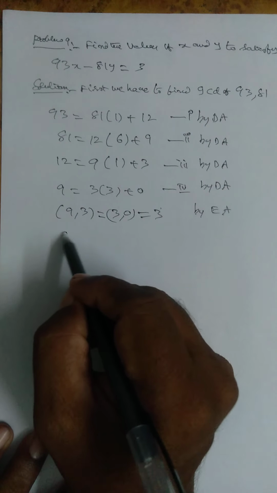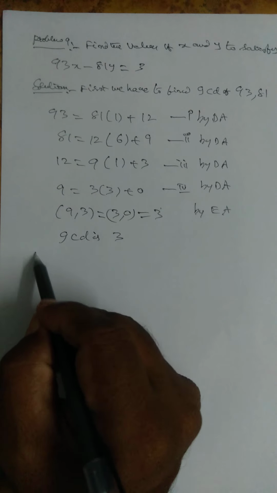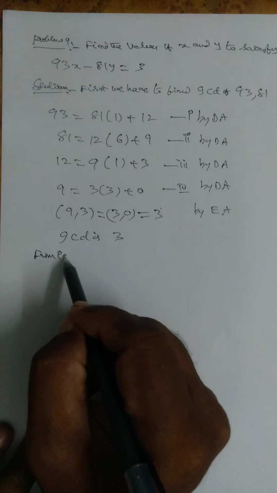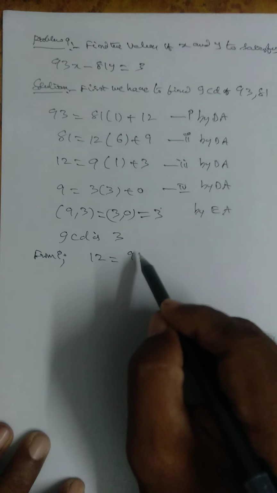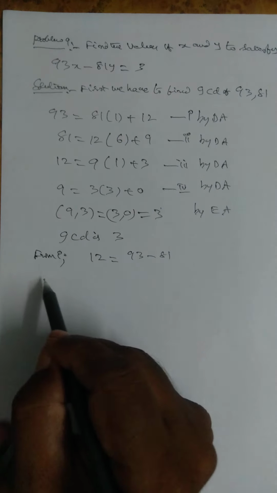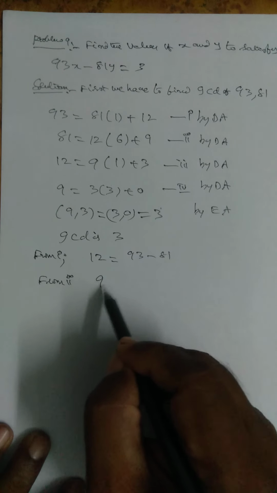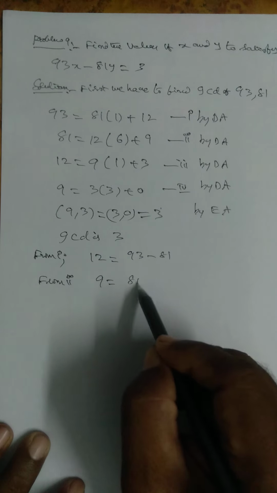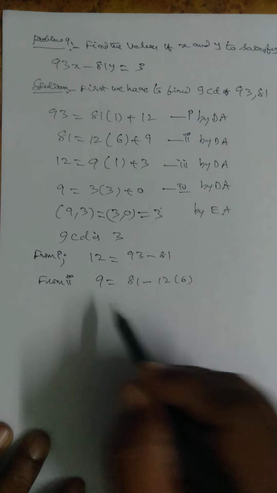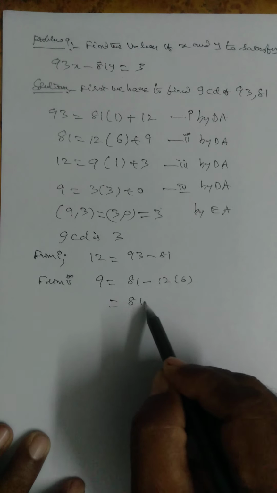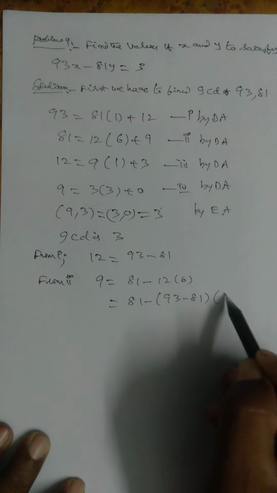So GCD is 3. From 1, what is the 12 value? 93 minus 81. From 2, what is the 9 value? 81 minus 12 into 6. 81 minus the 12 value, 93 minus 81, into 6.